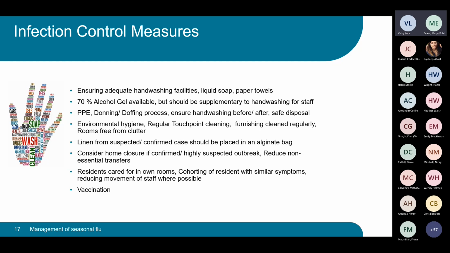Trying to ensure that residents are cared for within their own room, or where that's not possible, cohorting of residents. So for example, in the scenario earlier, they were using cohorting methods, with symptomatic residents using one lounge area, as they're just generally trying to reduce movement of staff and residents where possible.